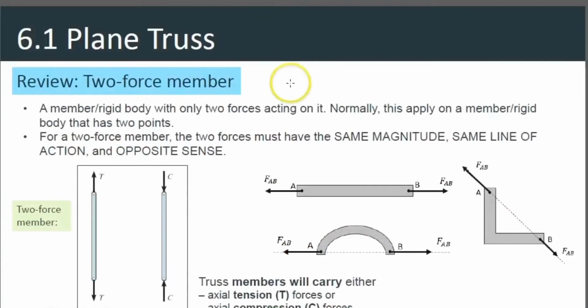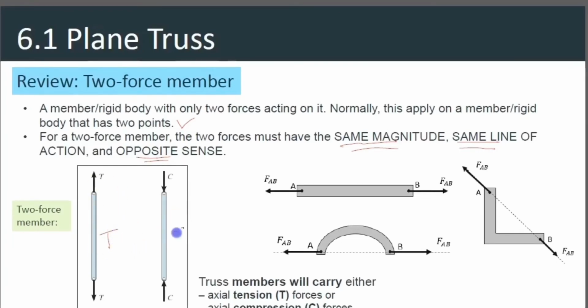Into the next part, we need to review the two-force member: a member or rigid body with only two forces acting on it. Normally this applies to a member or rigid body that has 2 points. For a two-force member, the two forces must have the same magnitude, the same line of action and opposite sense.